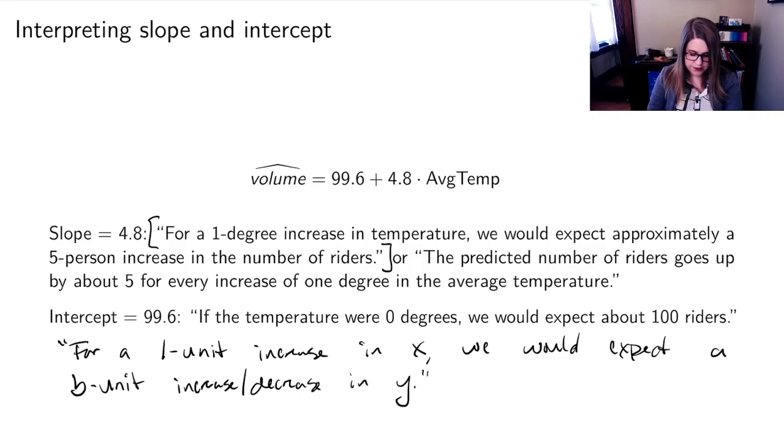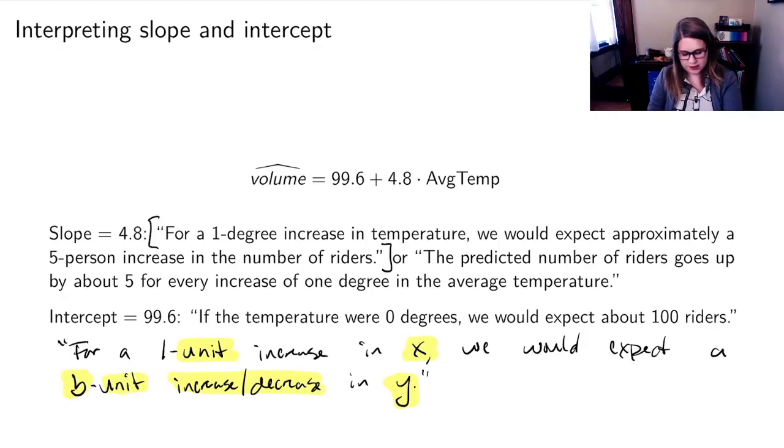If we look at this sentence, the pieces that you would need to change are the units for your x. You would need to plug in b. You'd need to plug in the units for b. You need to decide if it's an increase or decrease, and you need to plug in y.